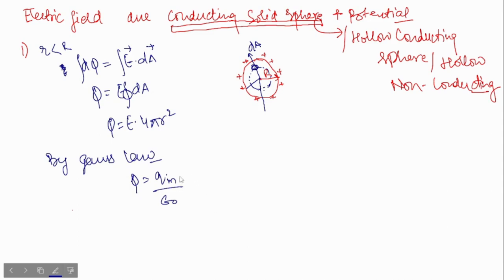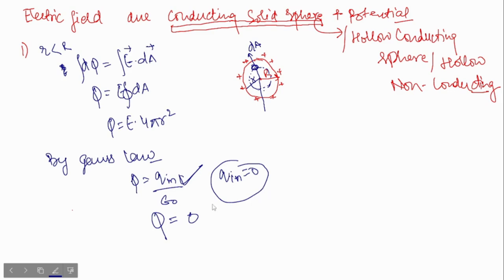Since all the charge is distributed on the surface of the sphere, the charge enclosed inside this sphere of radius small r is actually 0. There is no charge inside this radius. So from here phi is equal to 0.